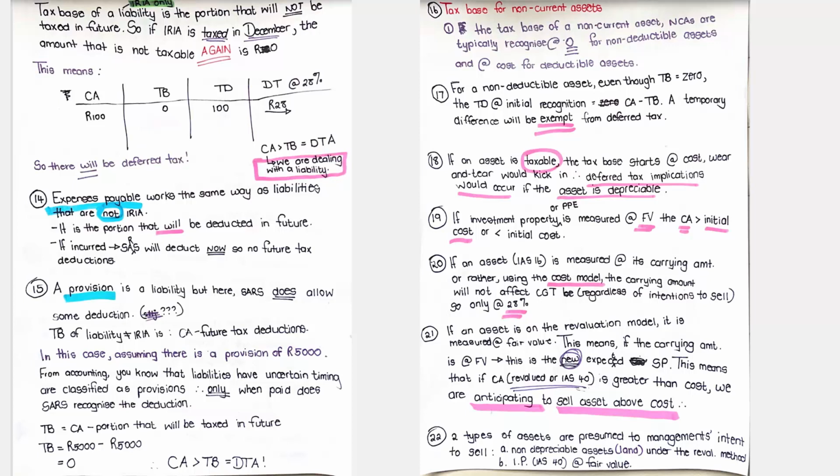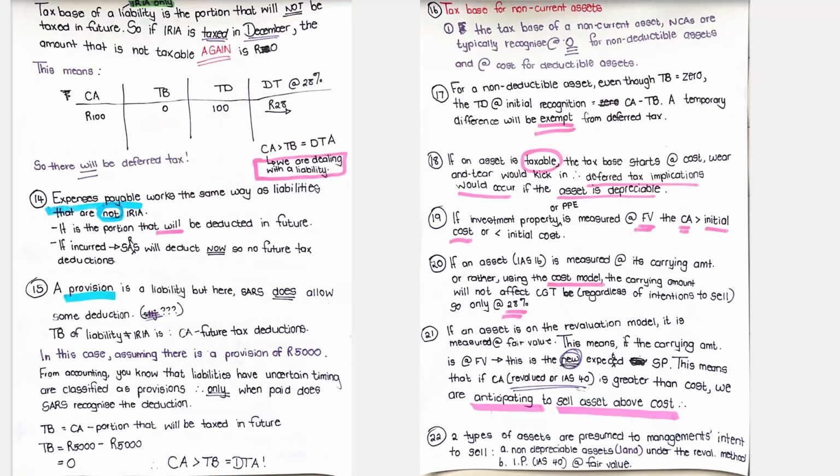In this case, let's assume there's a provision for 5,000 Rand. So from accounting, you know that liabilities that have an uncertain timing are classified as provisions, and therefore only when paid does SARS recognize that deduction.